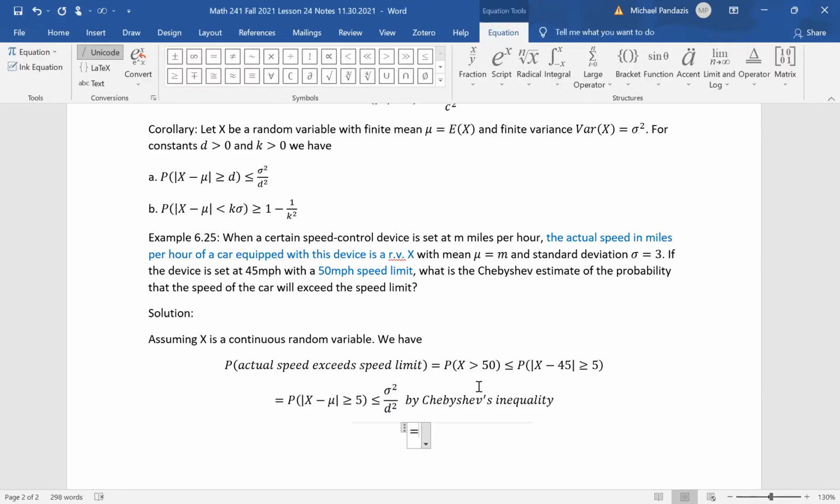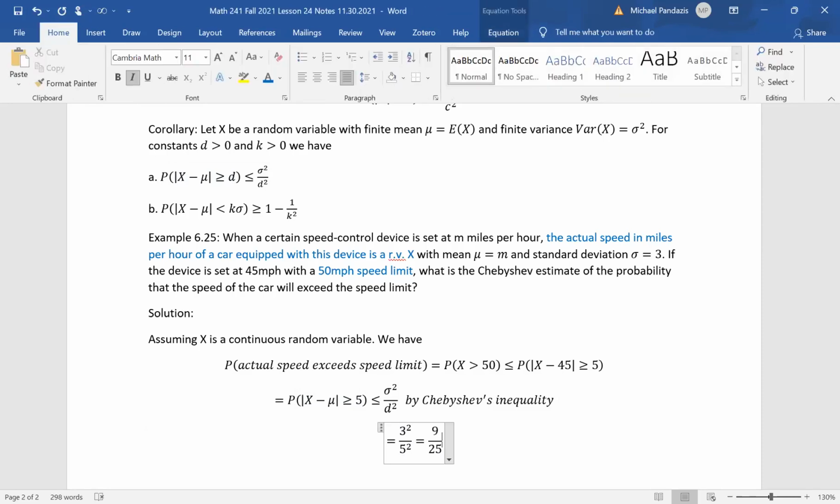And so now, what is sigma squared over d squared? Sigma is 3, so we have 3 squared divided by d squared. Well, d is 5, so this is divided by 5 squared. This is 9 divided by 25. That's a decimal. That's 0.36.